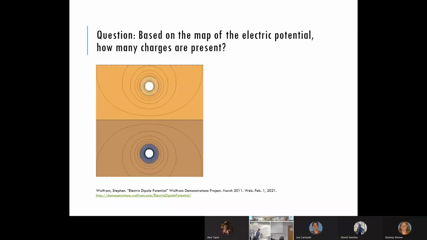And then we go back and we look at it, right? We say, based on the map of the electric potential, how many charges are present? What say you?